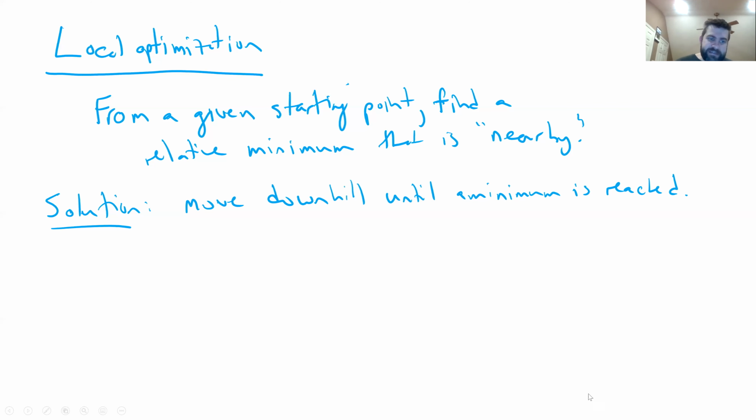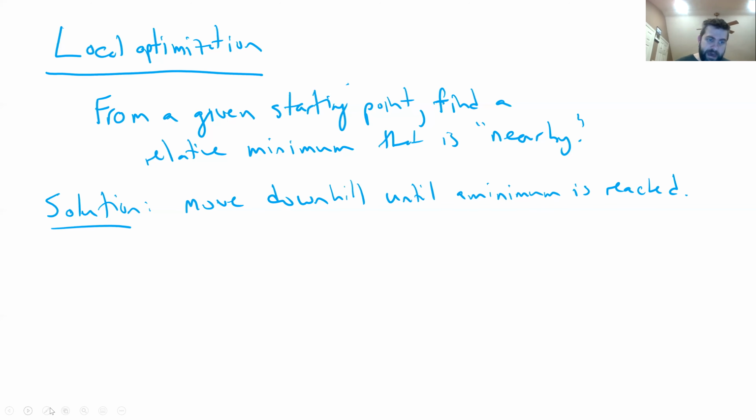Can we phrase this in the language of math as a preparation for actually developing the algorithms? Let's think about how we would do that. First of all, let's be clear in our definitions.